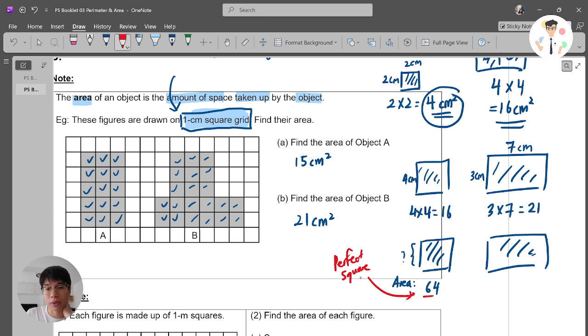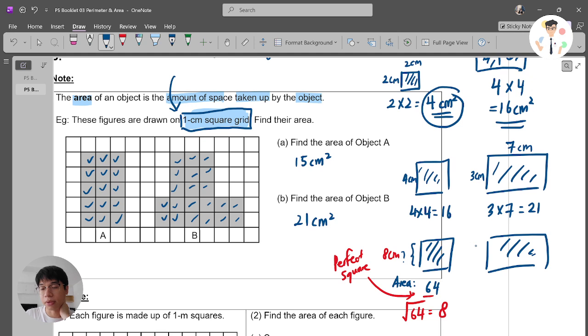And what I can do to find out the side is I need to square root 64. So just get your calculator and put the square root of 64 and you will find out it's 8. Because 8 times 8 is 64, right? That's why here is 8 cm. Okay?